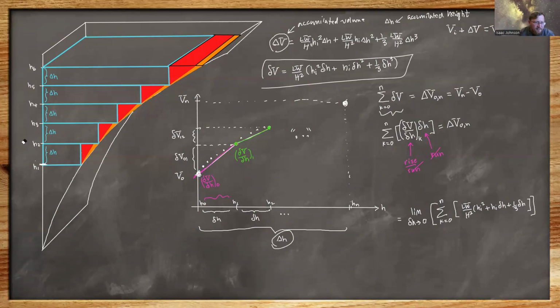Oh, whoops, it looks like I forgot to tack on this delta H running. There. What's going to happen, as we shrink delta H, to this relationship?